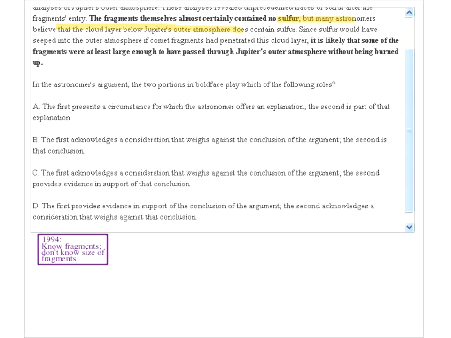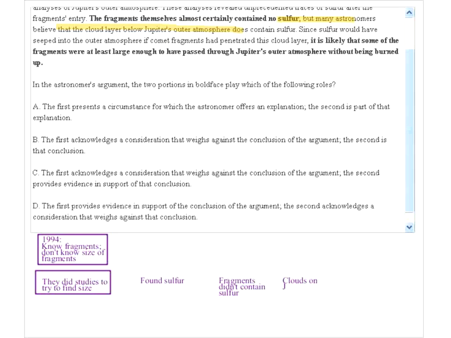But in hopes of gaining some indication of the fragment size, they say spectrographic analyses. Okay, they did studies to try to find the size of the fragment. It's on sulfur. Fragments didn't contain sulfur. But many astronomers believe that the cloud layer does.